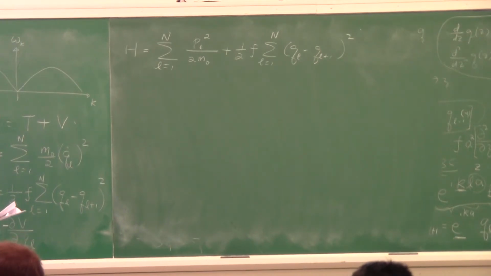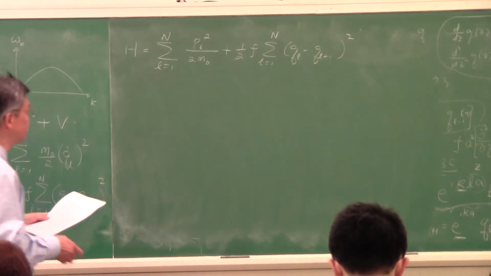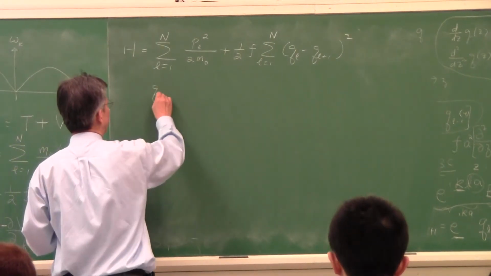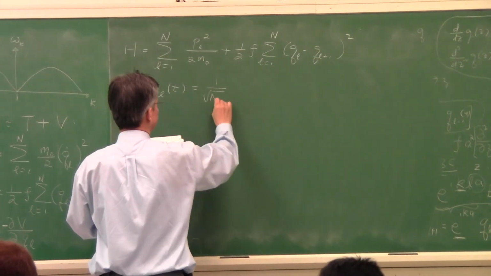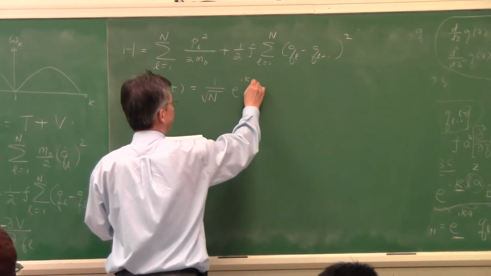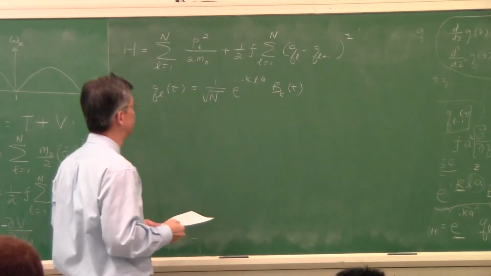And then let's write this Hamiltonian in terms of the plane wave mode. And what I'm going to do is to let QL(t) be a possible plane wave mode, so that is denoted by this expression over here.